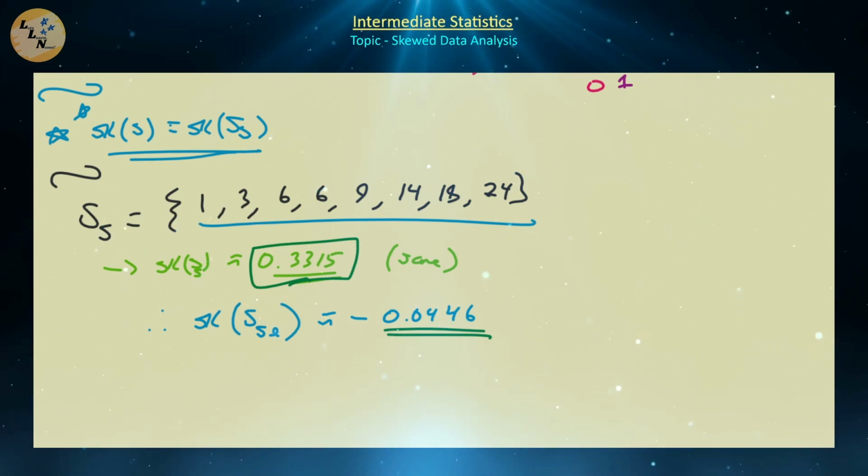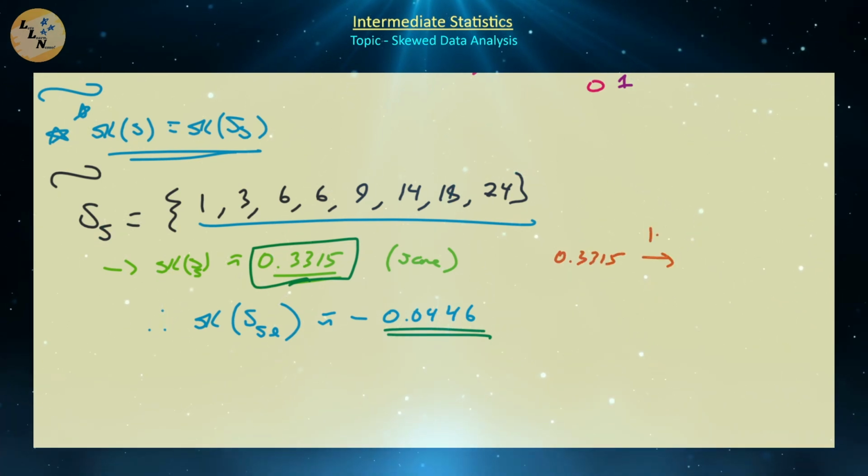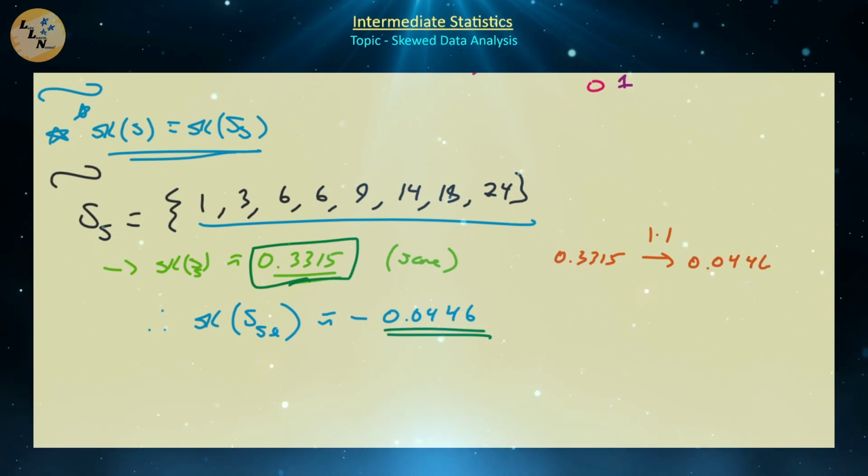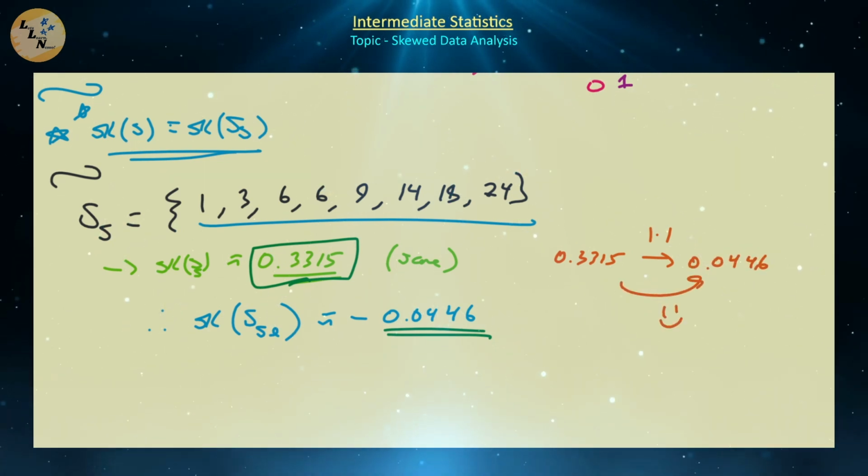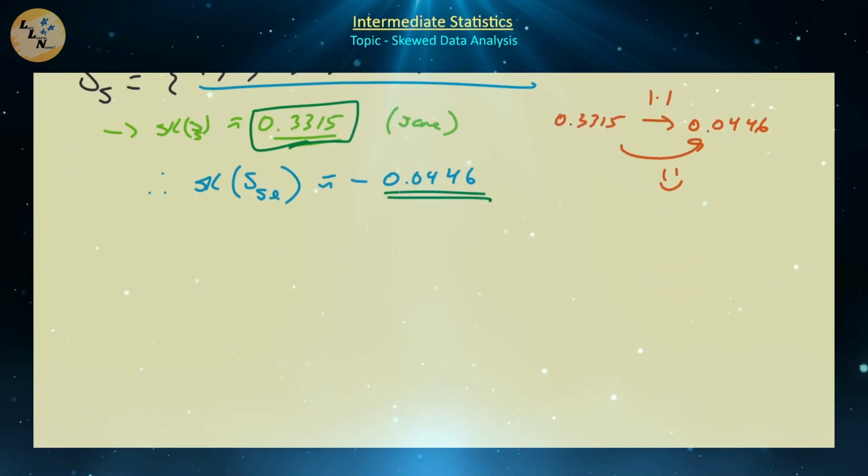When you take the log transform, sometimes it will produce the opposite sign, but in terms of magnitude, notice that 0.3315 has changed, at least in absolute value, to 0.0446, which is definitely a lot smaller than it used to be. Yes, we have transformed it into a skewed left data set, but the skewness is less, right?